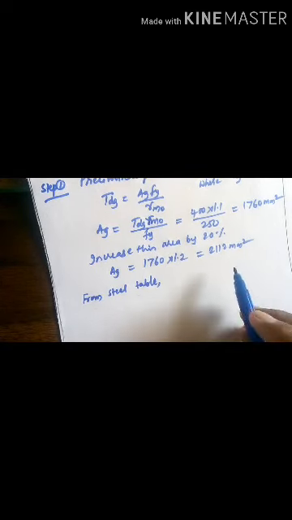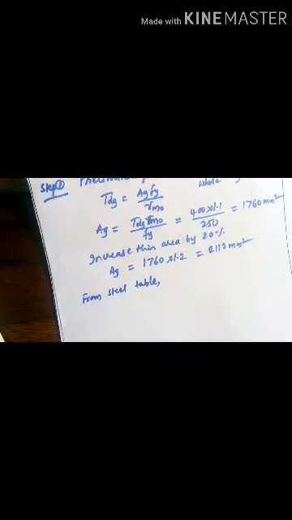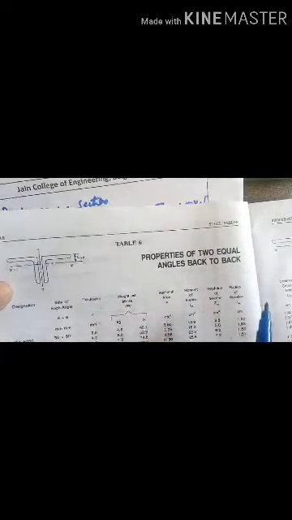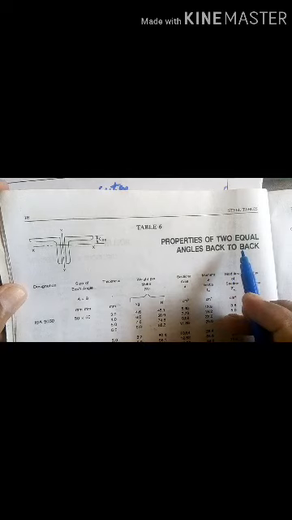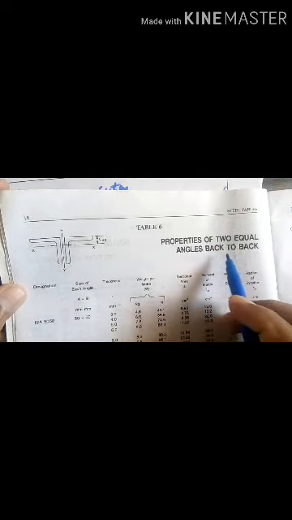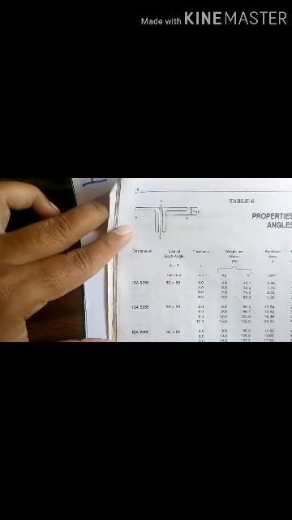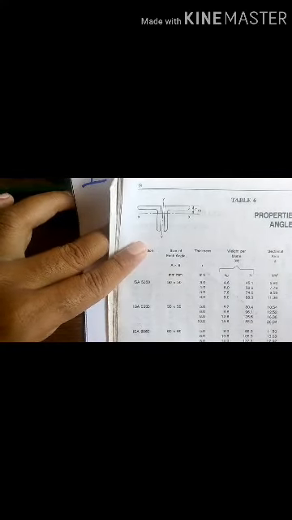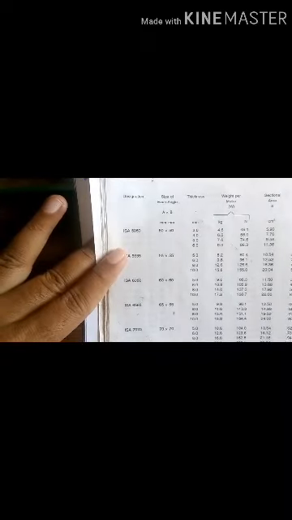That too, a double angle, so you have to search for double angle, equal angle in the steel table. So here I am referring to the steel table, page number 18, where properties of two equal angle sections provided back to back are given. Whatever area you obtained, you have to choose the section that gives that much area.